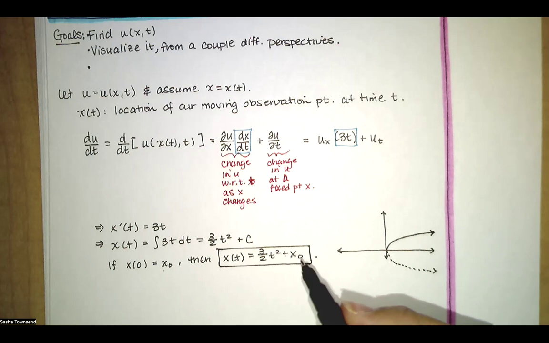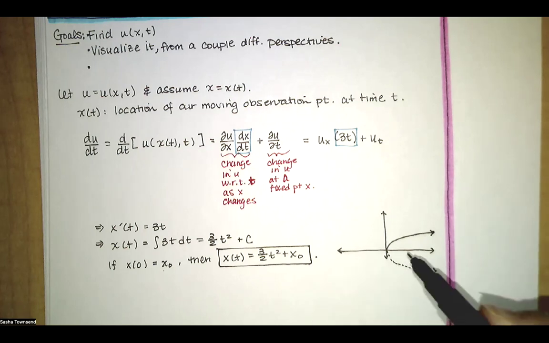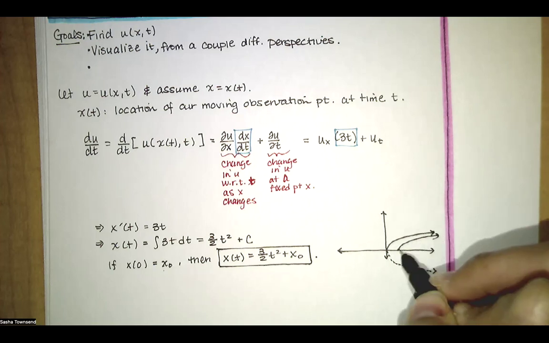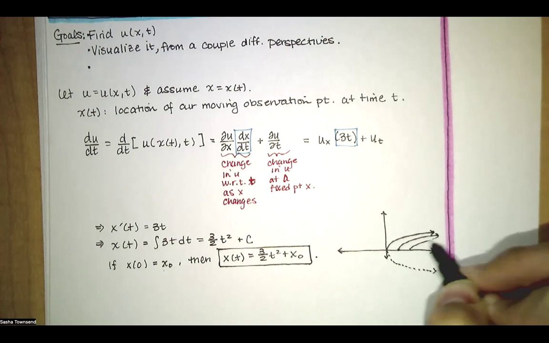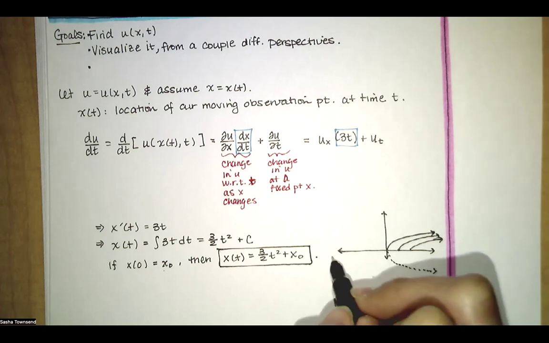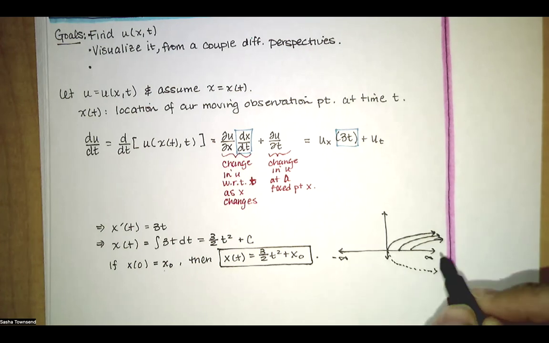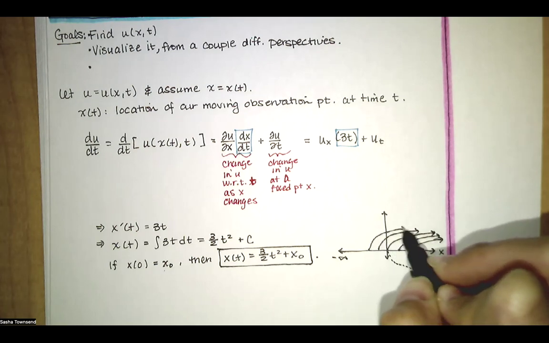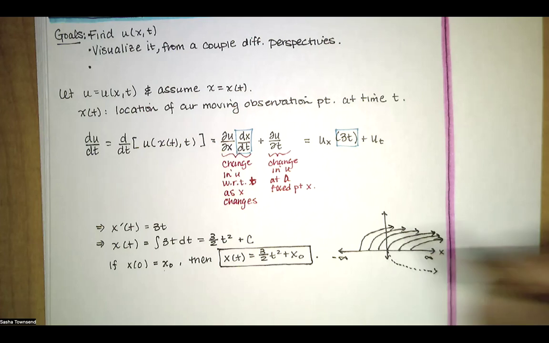As this x naught increases, we're crossing the x-axis at larger values. So we're just going to see different parts of our parabola. Now x naught can also be negative because remember x can go from negative infinity to infinity. So we're just going to see those parts of a parabola right here. These are the characteristics.